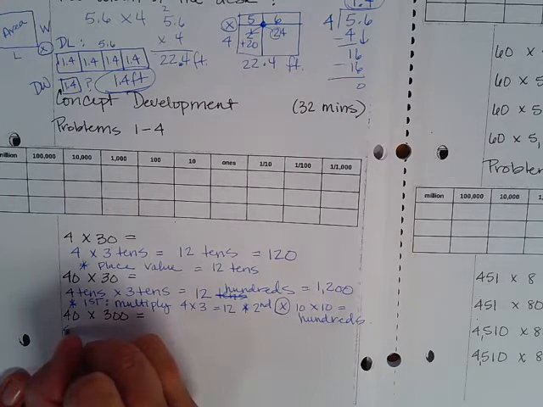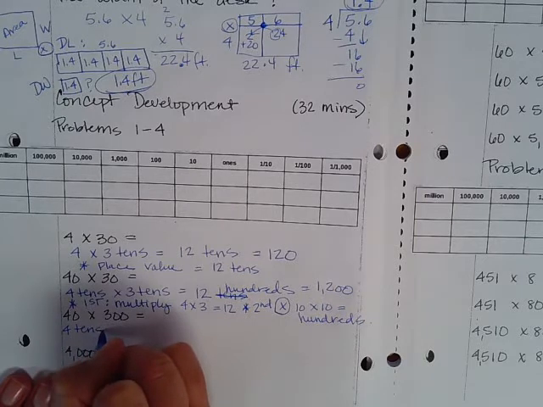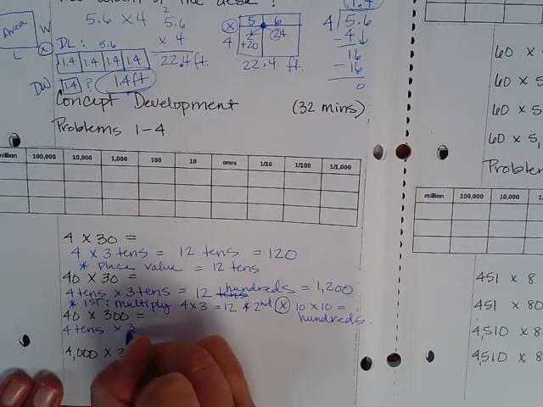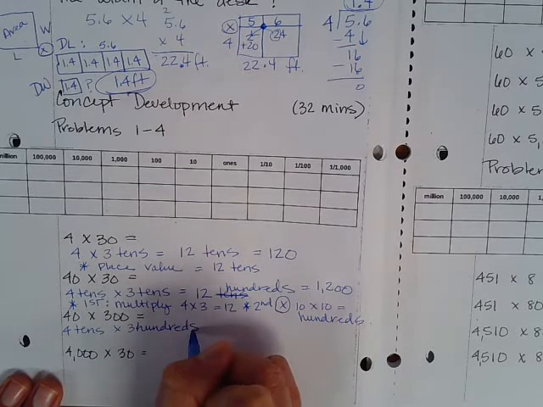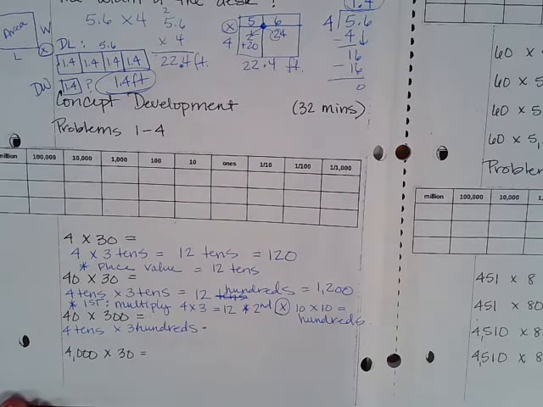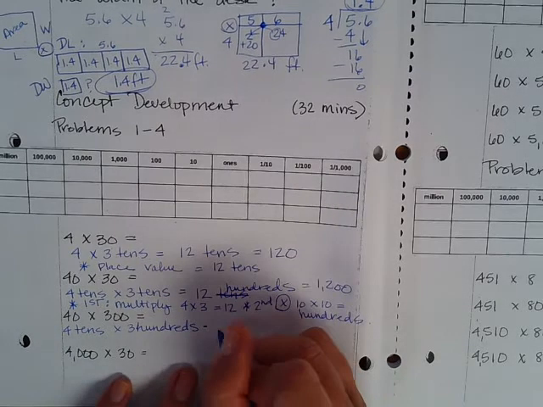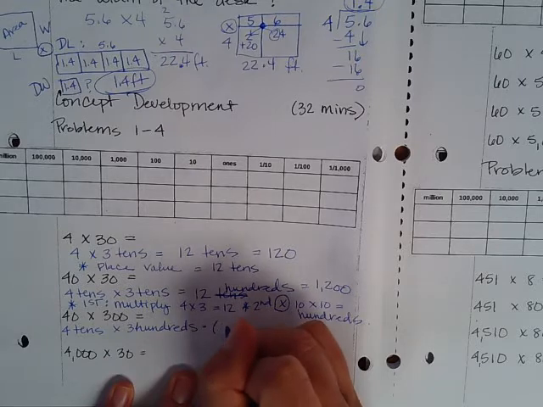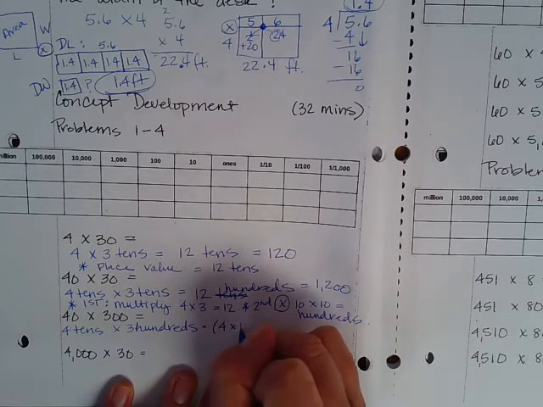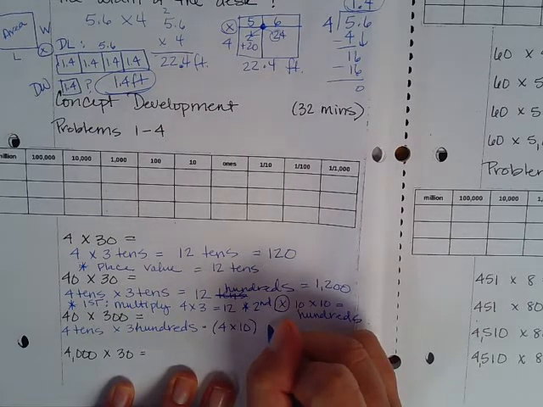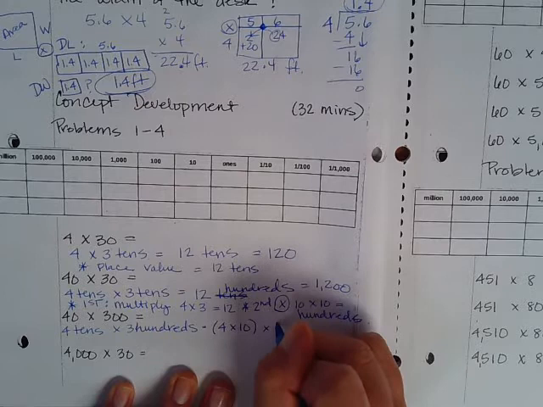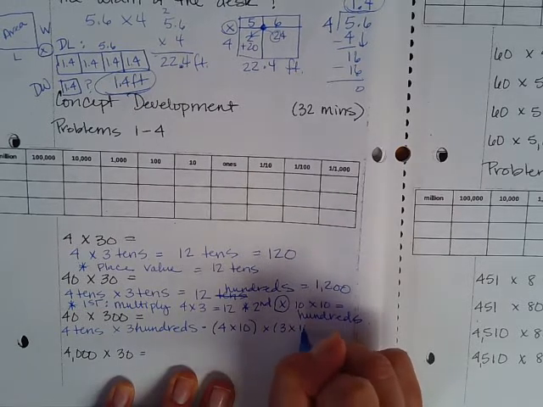Let's go 4 tens times 3 hundreds. Now this is where that distributive property comes in. Now watch. 4 times 10 and 3 times 100.